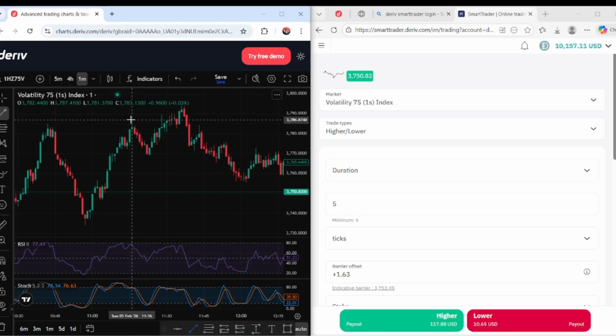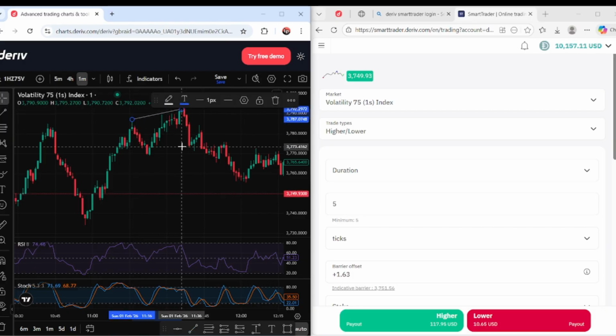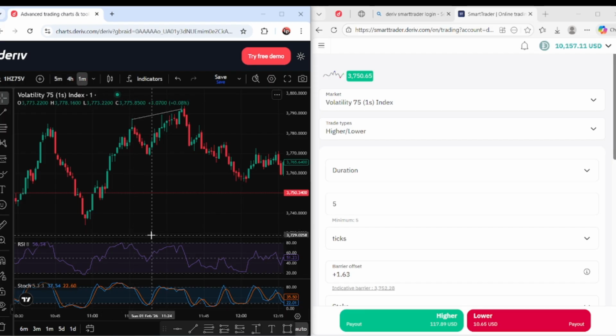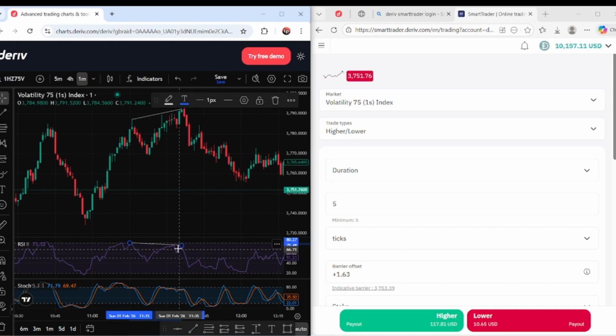For me to align this, once you spot this, you just align the first touch to the second touch, which is this. Then once you spot this on the 1 minute time frame, all you get to see is that on your indicator side, your Relative Strength Index from here will be showing you a weakening price, showing you that this price is going to sell.